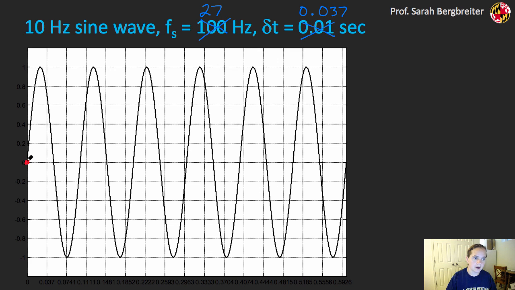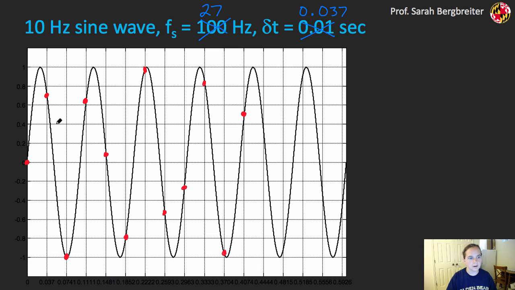I'm taking a sample every time my signal intersects one of these vertical lines, because that's the time that I want to be sampling it. That might be achieved in an Arduino if I used a delay of 37 for delaying 37 milliseconds and did an analog read every time through the loop.